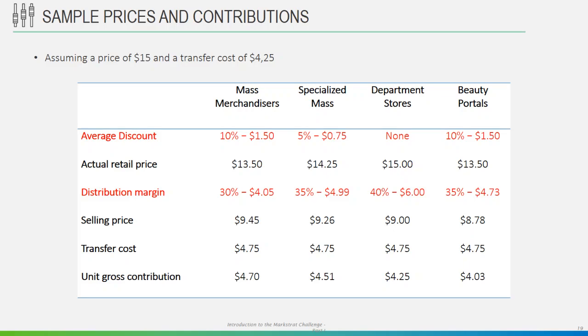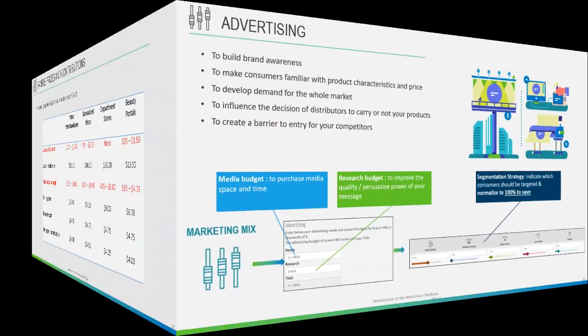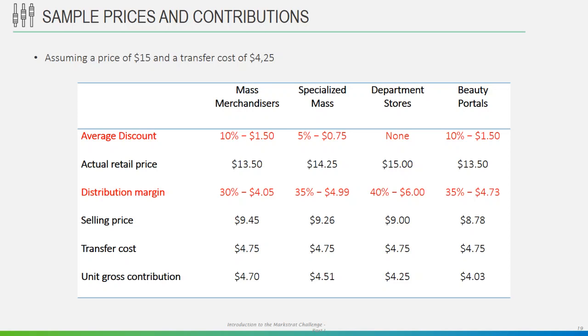So you can see that the amount of money you get is greatly reduced once you consider these discounts and these margins. All right, transfer cost is basically cost of goods sold. Okay, so if you subtract that from the selling price, you get the unit contribution. Okay, so you're going to make $4.70 profit on each unit sold through mass merchandisers, $4.51 through specialized mass retailers, and so on. Okay.